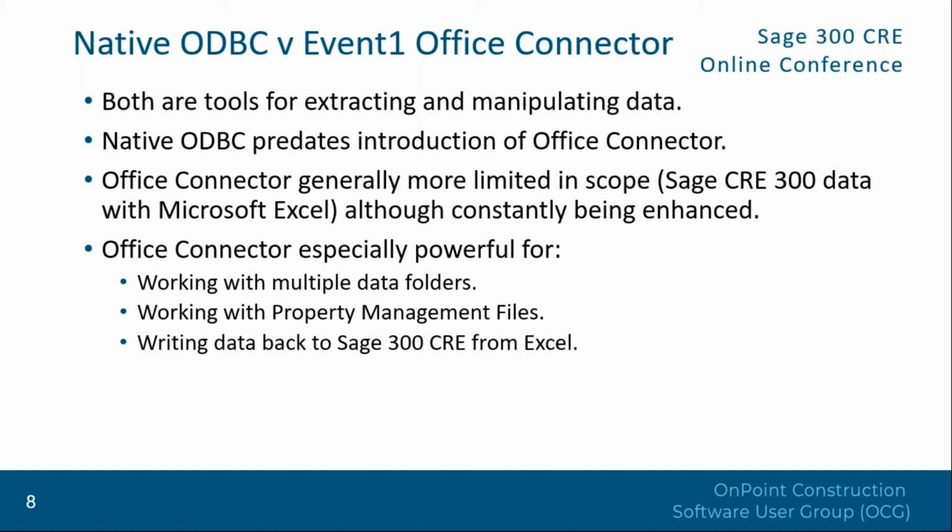Event One does have an API that allows it to write back from Excel, and one of the really powerful ones they have, and we're going to talk about it in the seminar this afternoon, is it does allow you to write back into the miscellaneous worksheets function for month-end WIP. I don't know a lot of people that are using it right now, but they're the only ones that can do that. So depending on if you have to write data back and you want to do it from Excel, Office Connector is your alternative for that.